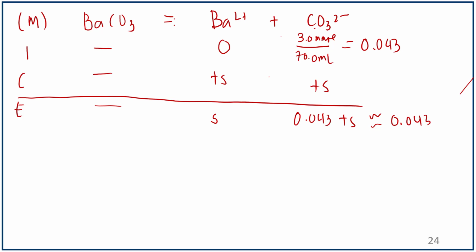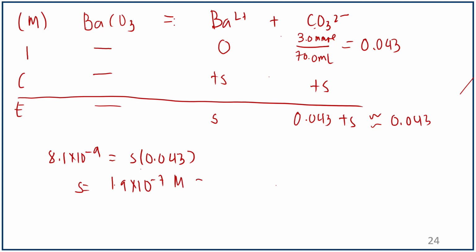So we set up next a Ksp expression, so that's 8.1 times 10 to the negative 9 is equal to S times 0.043. Therefore S should be equal to 1.9 times 10 to the negative 7 molar. That will be the value of barium in solution as well.